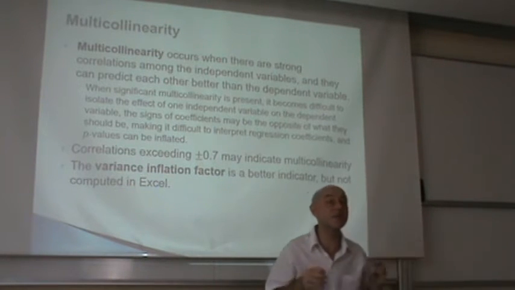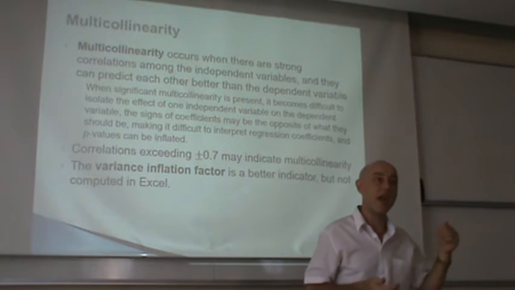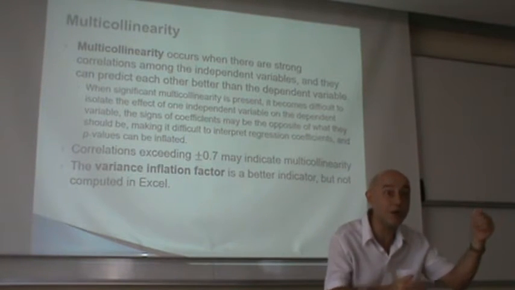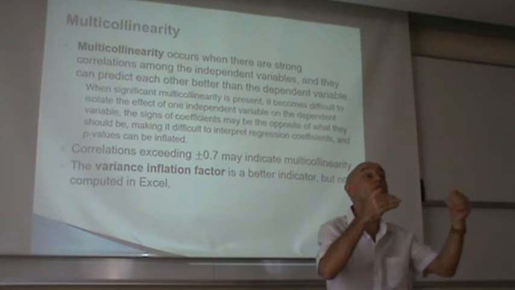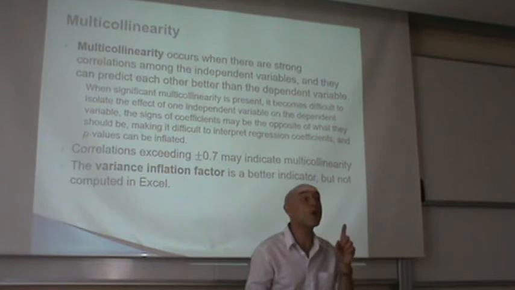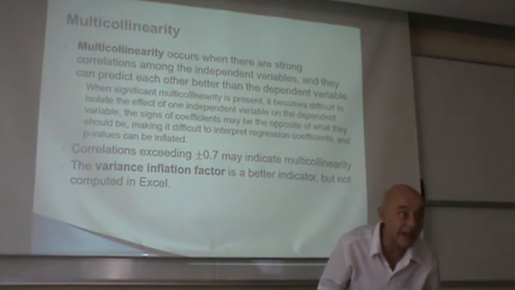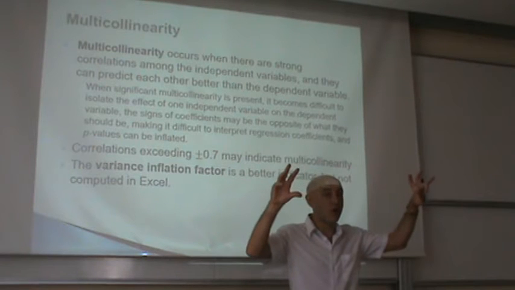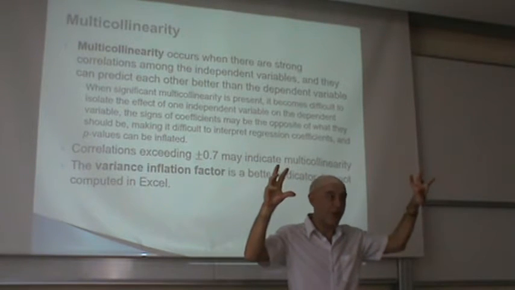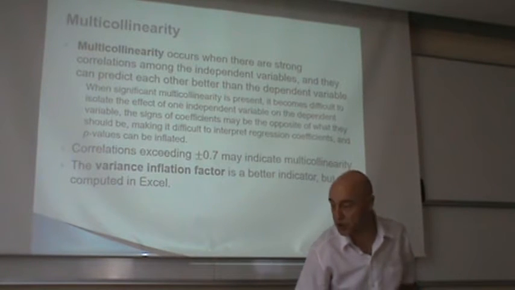It can provide fake results, where a variable could be very significant, but when you add the other variable, it will appear to be insignificant. So that's where the t-value may not be as reliable as the overall F value and the overall adjusted R-squared.